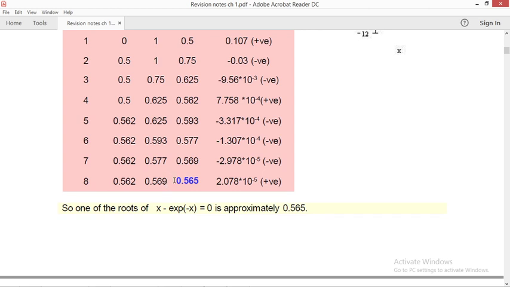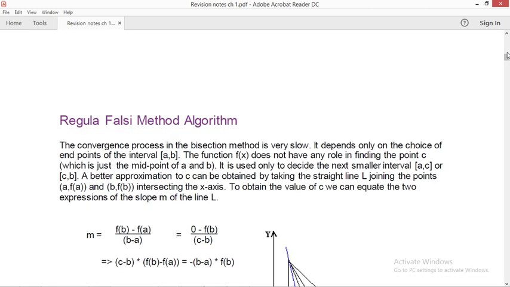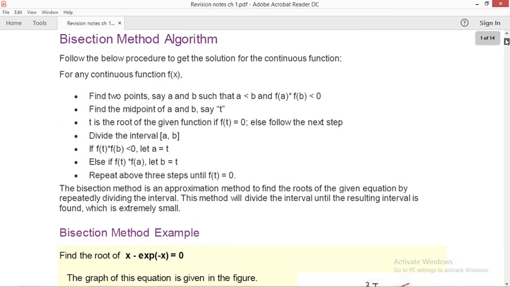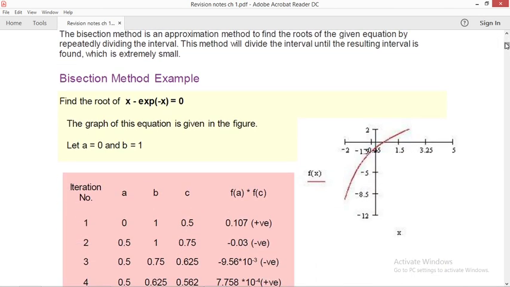So you see that the root has very less difference, and that's why our final answer becomes 0.565. So this was the bisection method, where all you have to remember is how to find out c, and because it is the midpoint, the formula is easy, which is a plus b divided by 2.